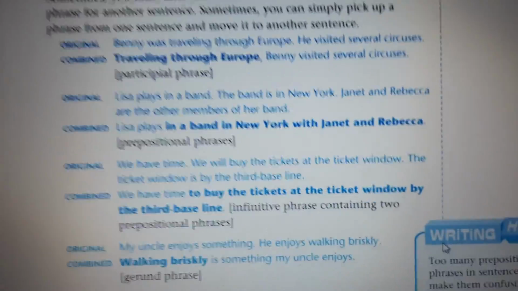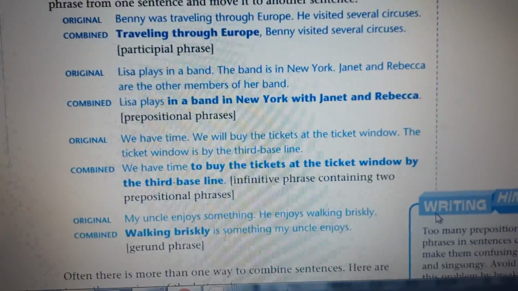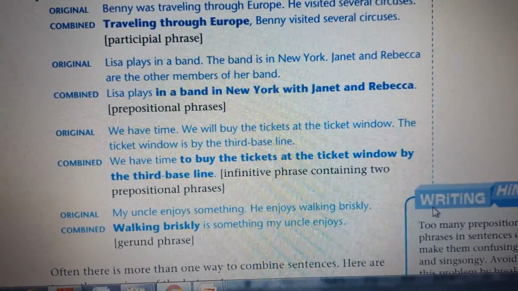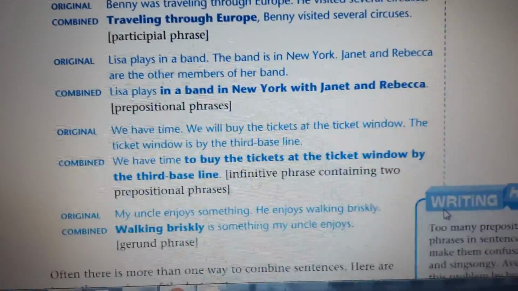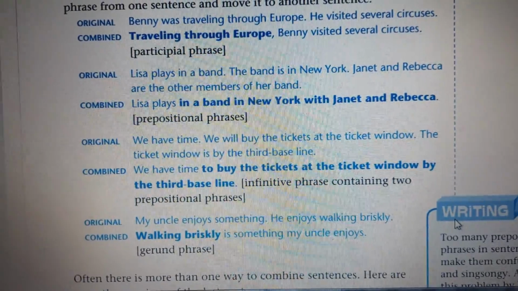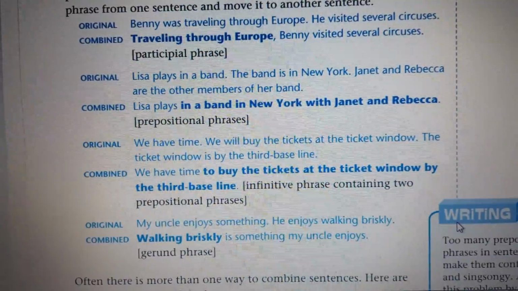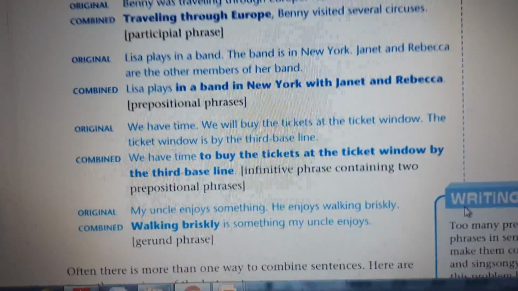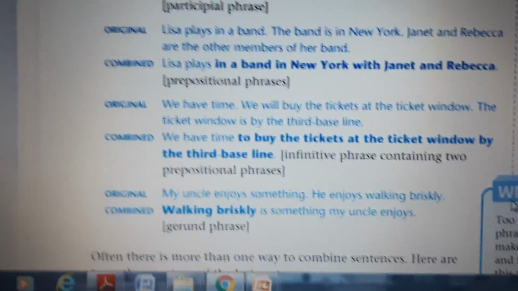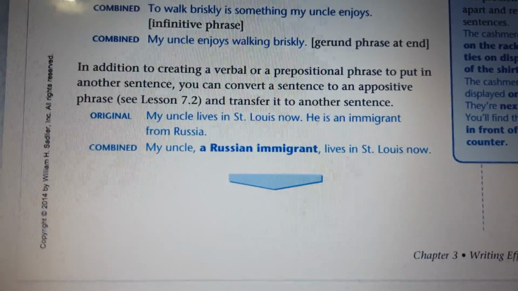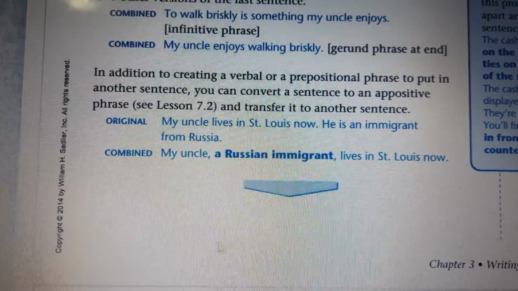Here, we will buy the tickets at the ticket window when we have time. The ticket window is by the third baseline. So, when we have time, we will buy the tickets at the ticket window by the third baseline. Again, another example. I want you to see the difference and hear it.